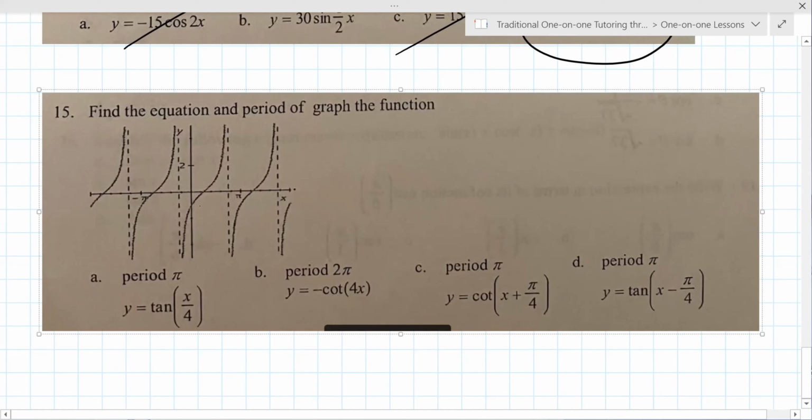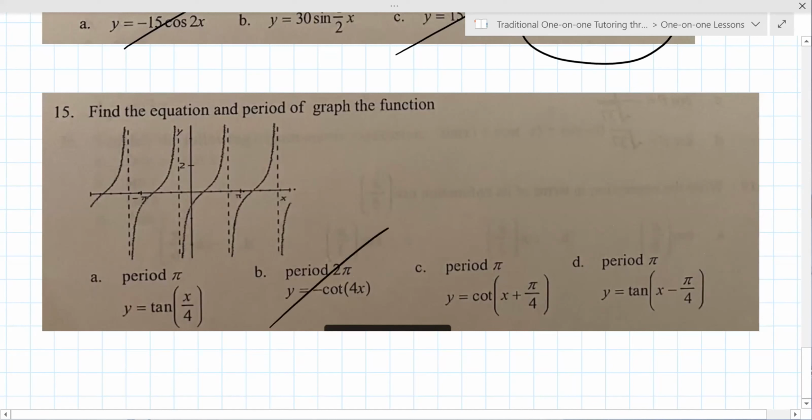They don't really give you the nice information here. So between minus pi and pi, there's two of these, which means that they occur every pi, because you get two of them for 2 pi, so one per pi. So that means it must be period pi. All that does is get rid of that.